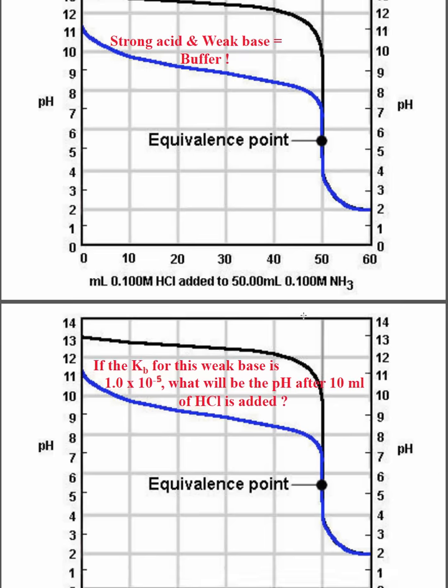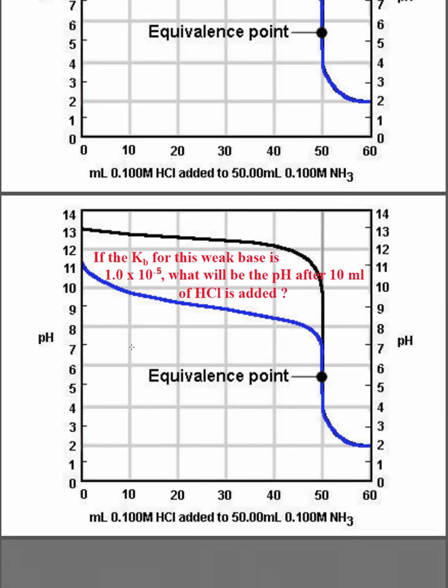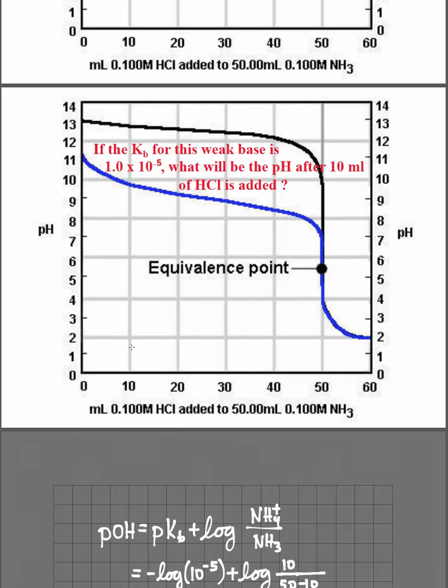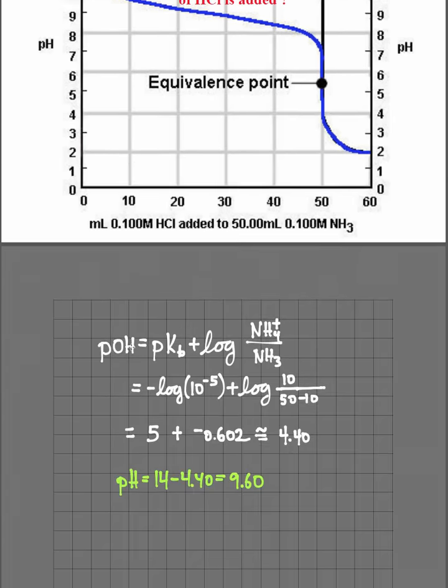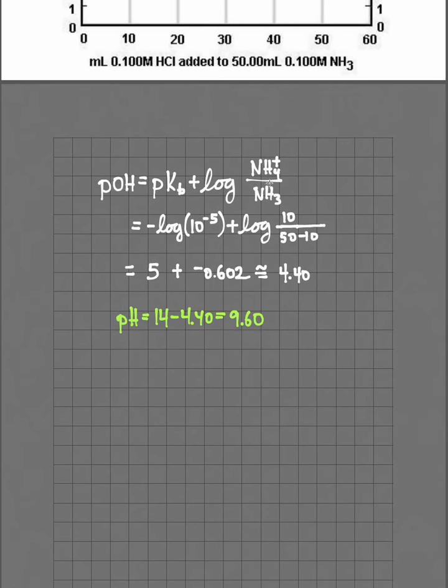So if I had a Kb of 10 to the negative 5 instead of Ka, and I went 10 milliliters, which is right here, what would the pH of that buffer be? Well, I can eyeball it and say it's a little bit less than 10. But of course, I can do a calculation. So the pOH equals the pKb plus the log of, Henderson-Hasselbalch equation in the basic form, conjugate acid on top and the base on the bottom.